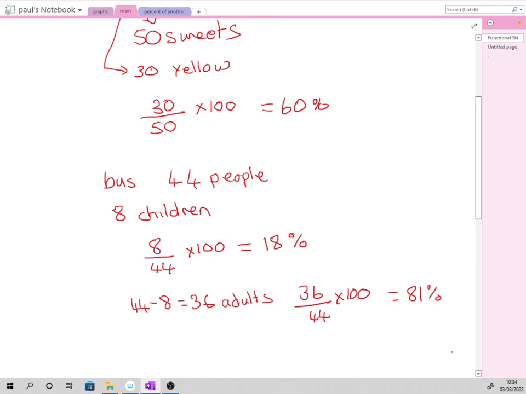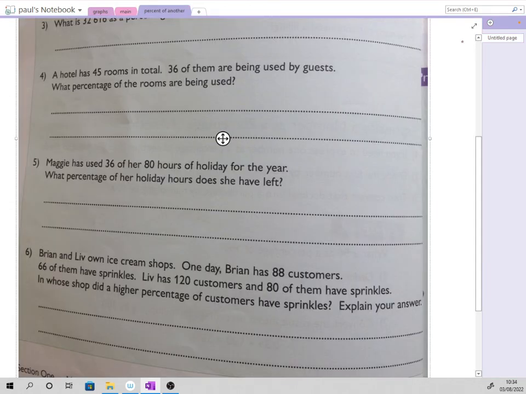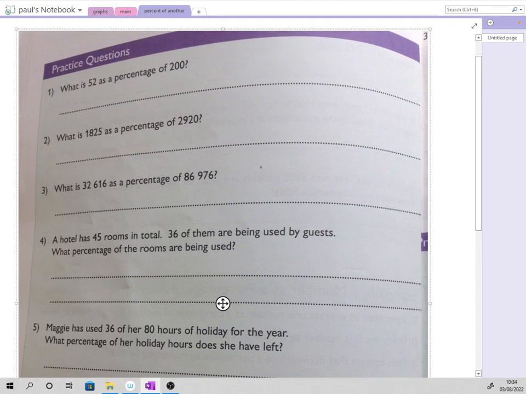So that's all you need to do. You take the number you're after, divide it by the total and multiply it by 100, and it gives you your percentage. So let's have a look at some of these percentage type questions, and we can use a calculator for all of these. What is 52 as a percentage of 200?